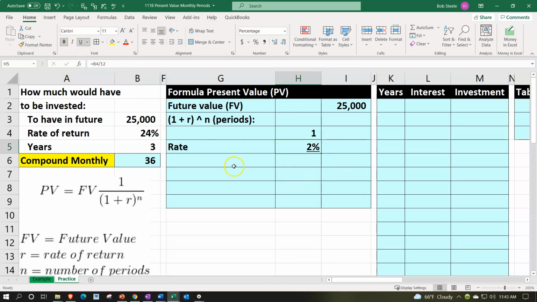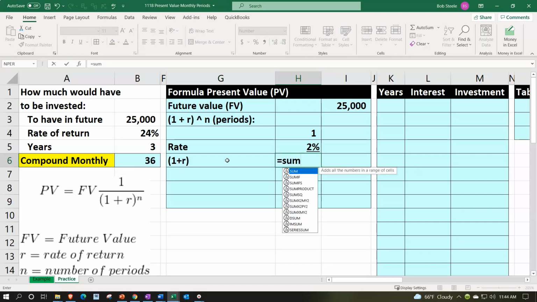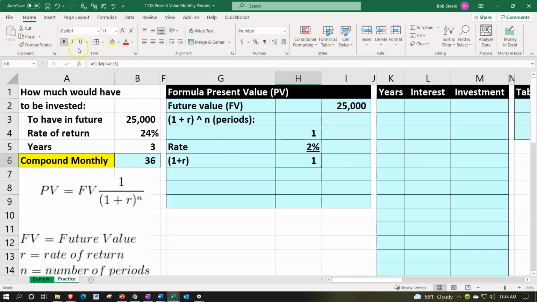There's our 2%, and then we're going to call this the 1 plus the R, and this is going to be equal to the SUM, Shift 9, up arrow, adding those up, making that a percent. Home tab, numbers, obviously that would be 1.02 in decimal, or percentizing it 102%.